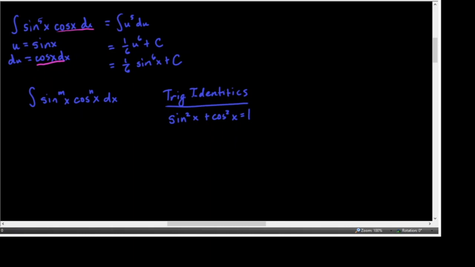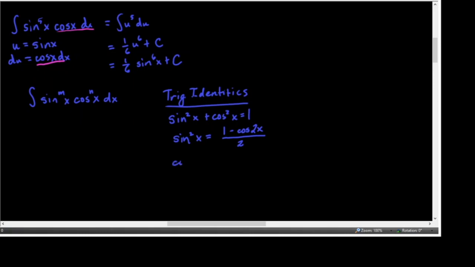Another pair of identities that come to mind are the half-angle identities, or I guess more accurately, most people call these the power-reducing formulas. So if you have a sine squared and you want to reduce its power, you end up getting 1 minus cosine of 2x all over 2.